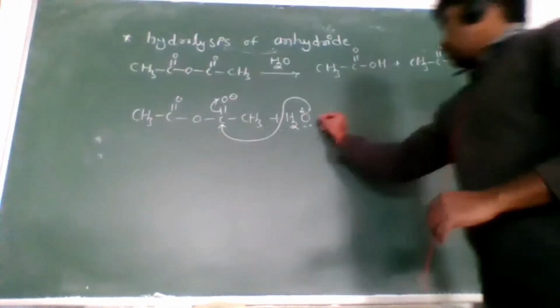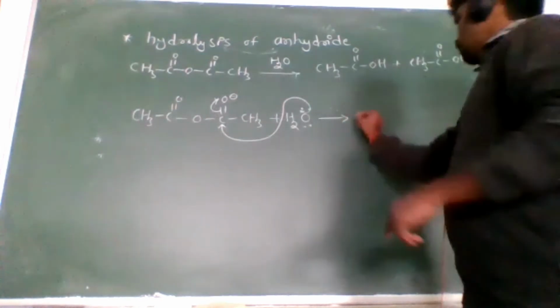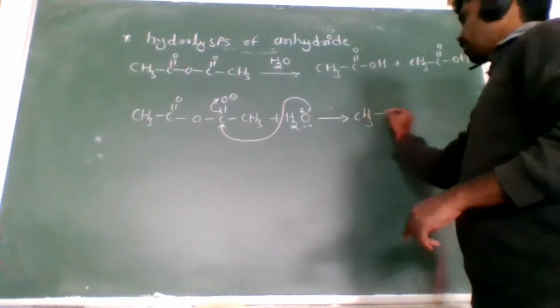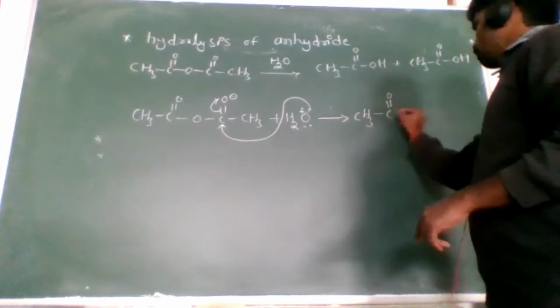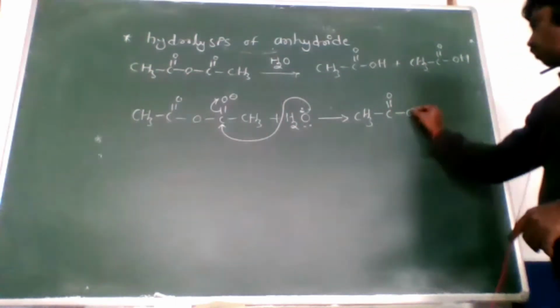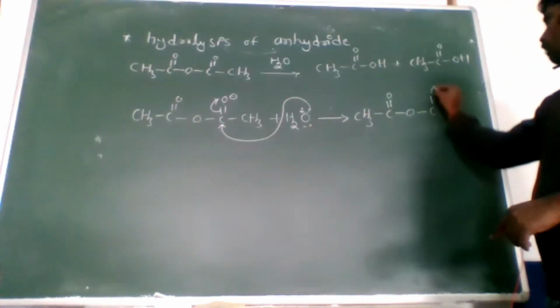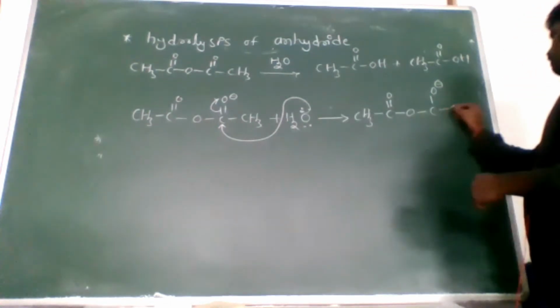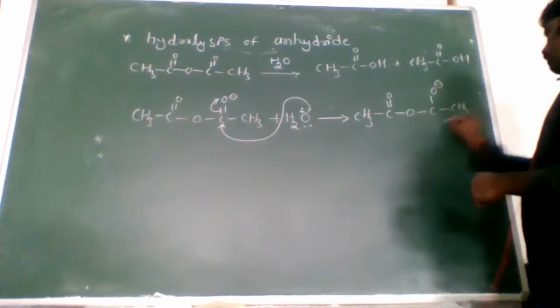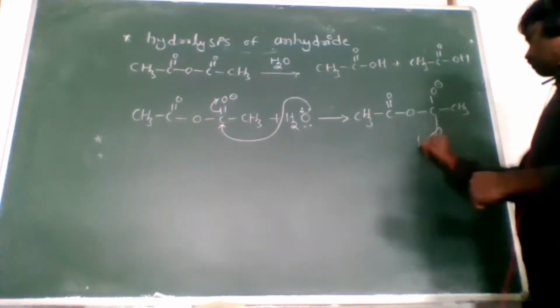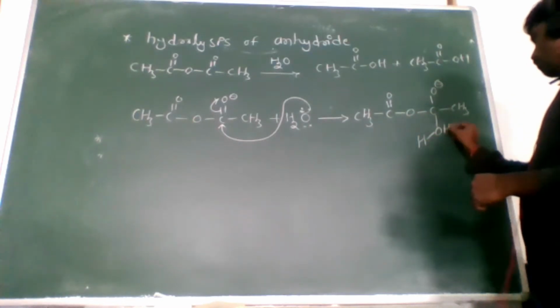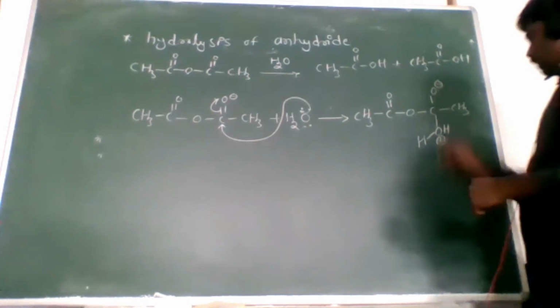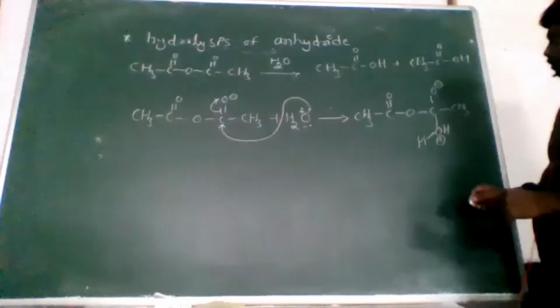Look now, CH3 C double bond O, O, CO minus. And next, CH3. Here oxygen, I am writing one hydrogen separately, here plus oxygen. Okay, clear?